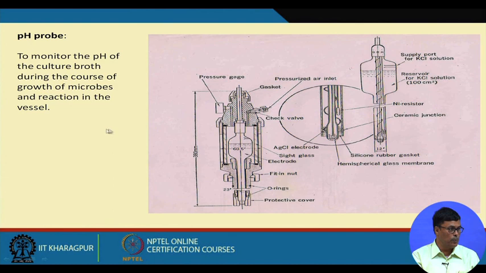This is the pH probe used in the fermenter, which is of a different type compared to the normal pH probe. When used inside the fermenter, it should withstand 15 psi pressure, because usually sterilization takes place at 15 psi. The specialty is that we maintain 15 psi pressure here with the help of a hand pump.